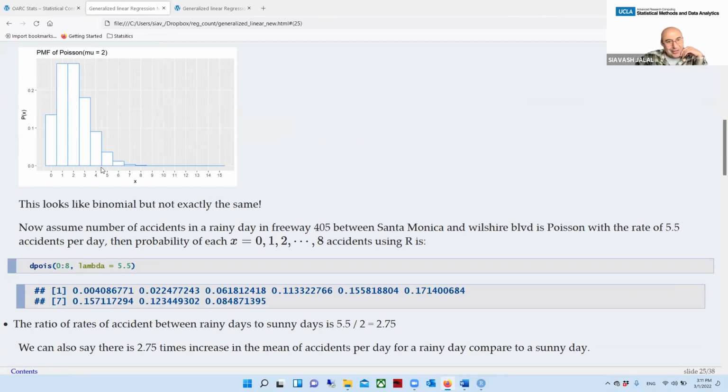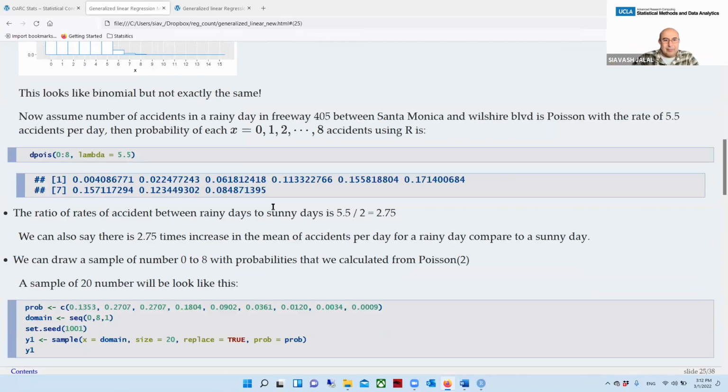In binomial, we didn't have an unlimited number of successes out of n tries. We had at most n successes. But here, no. You can have as many accidents as you like. There are assumptions, but yeah.